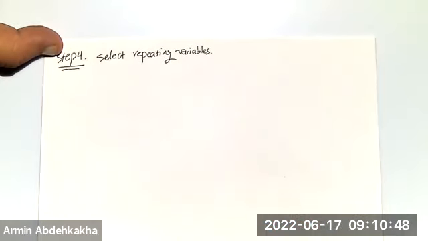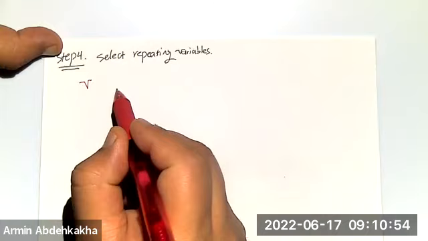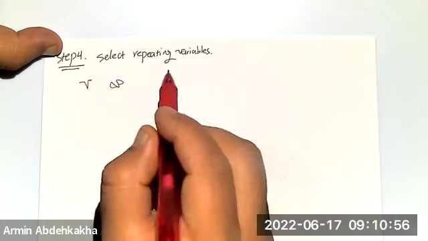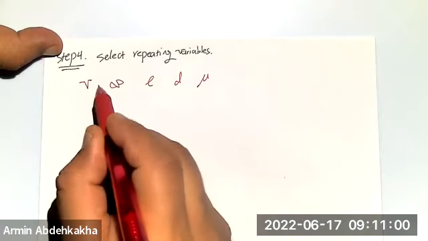Then whatever is left is going to be your non-repeating variable. Okay, so let's list those: V, delta P, L, D, and mu.